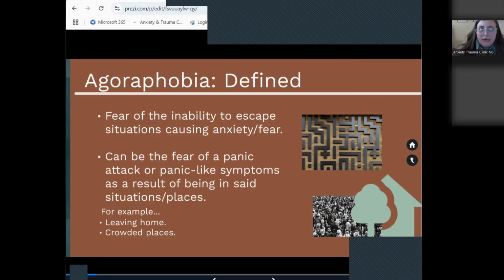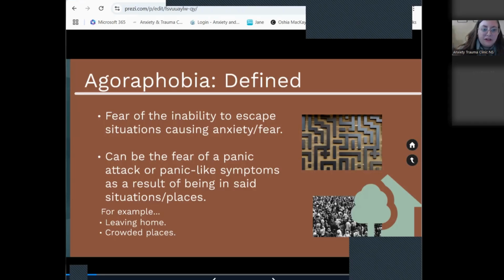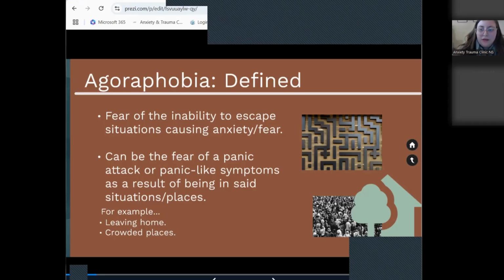The agoraphobia comes in because there is that fear of not being able to escape. So further past that, agoraphobia is really that anxiety that occurs when somebody is in public, in a crowded place, or leaving home, from where that potential escape is difficult, or where help may not be readily available should they need it.